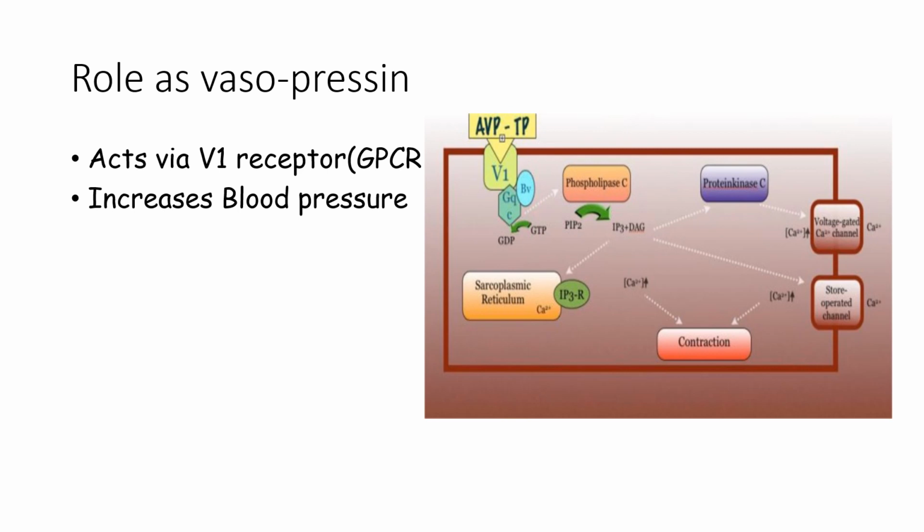What will happen when blood vessels are contracted? It will cause an increase in blood pressure. So by this mechanism, by acting on the V1 receptor, it is causing increased blood pressure, which helps to bring the blood volume back towards normal. So this is a synergistic effect by acting on V1 receptors.